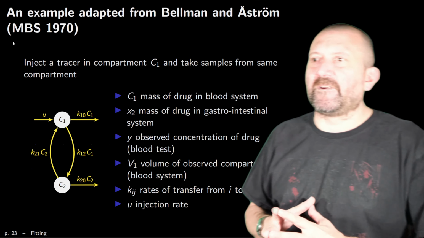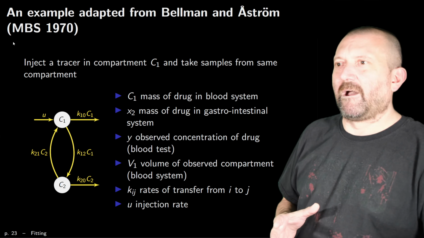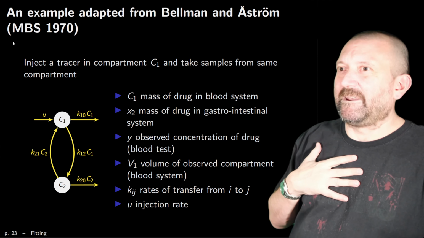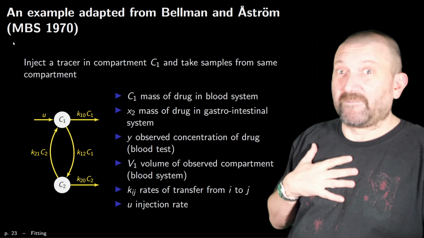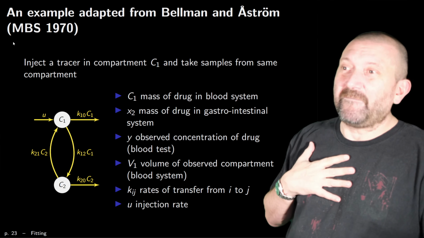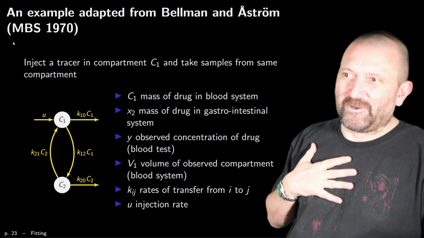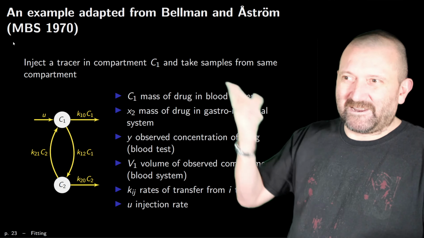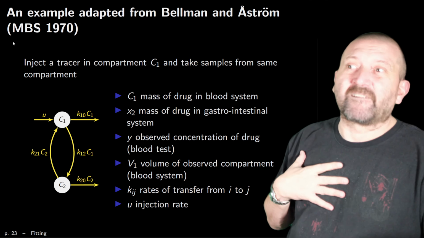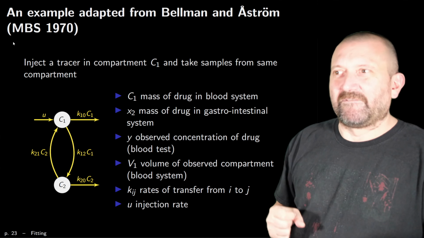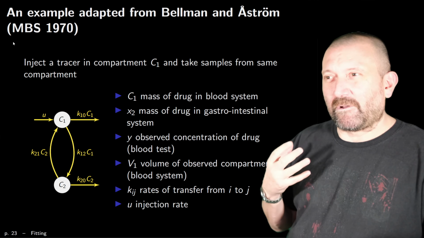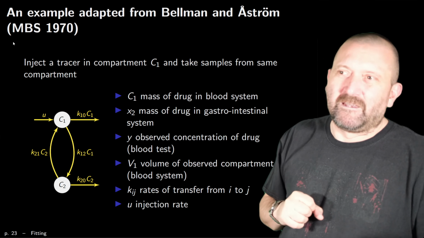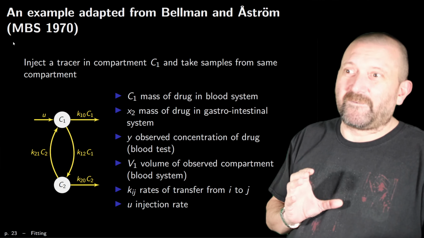So let me show you a very, very simple example, but that is quite telling. This is adapted from a paper from Bellman and Astrom in 1970. Just a remark in passing, it's very funny in a sense how science repeats itself all the time, because identifiability was highlighted as a big problem in the 70s and the 80s, and there was a lot of work from even the mid 60s to let's say the mid 90s on identifiability.